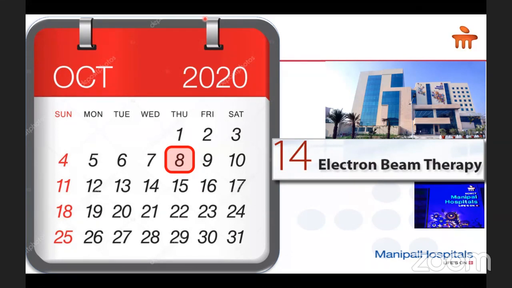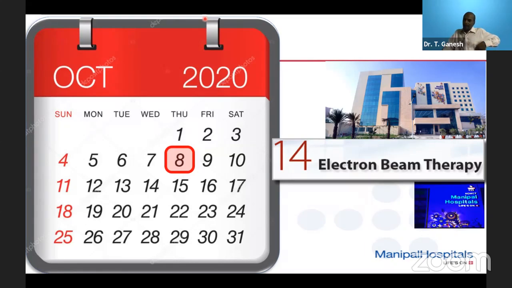Next is, why is TAR not applicable for energies more than that of cobalt-60? You remember that tissue air ratio is the ratio of the dose at a point at depth D to what? The dose in free space. That dose in free space concept is not applicable for energies greater than cobalt-60. The reason is that even though you are measuring in free space, actually you have to measure in a mass that can provide secondary electron equilibrium.